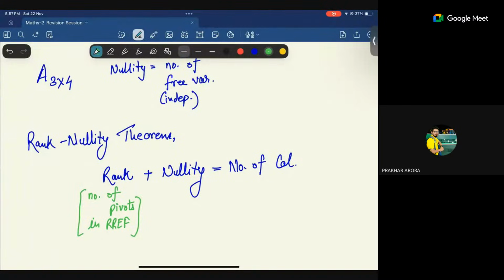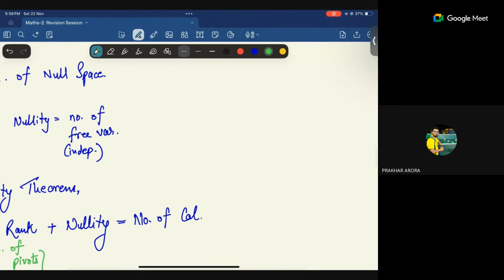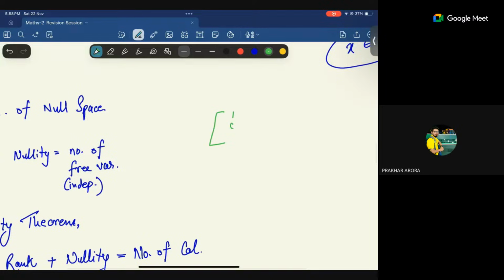You are given a matrix and asked to find its nullity. What you have to do is convert that matrix into RREF form. Suppose I have a matrix 1 0 0 0 1 0 0 0 0 0 0 0.